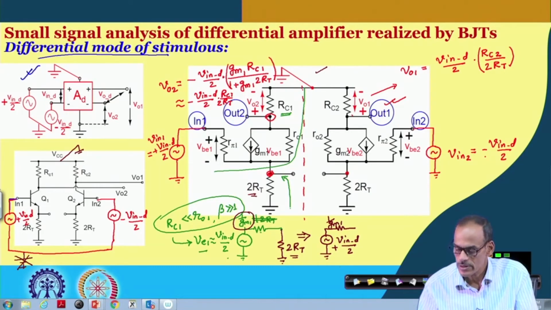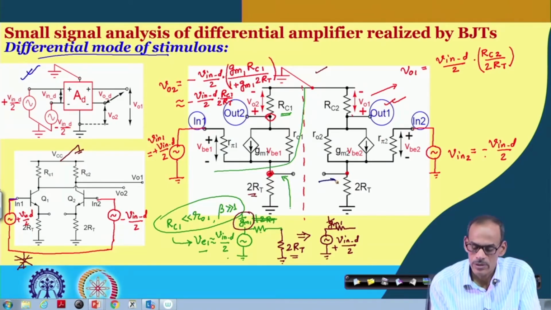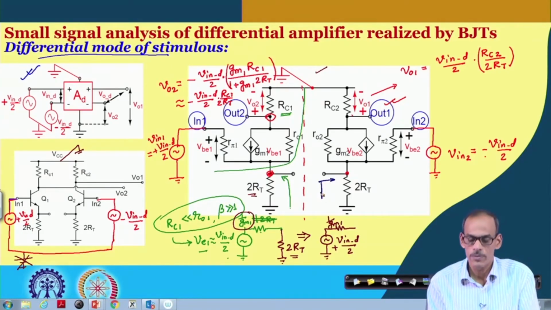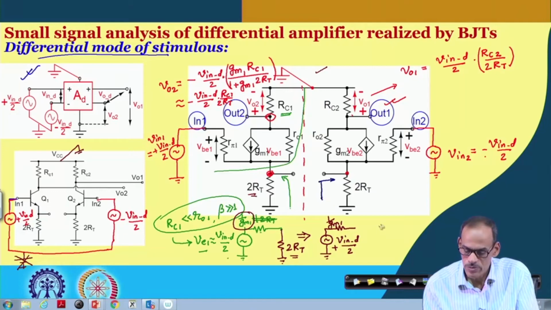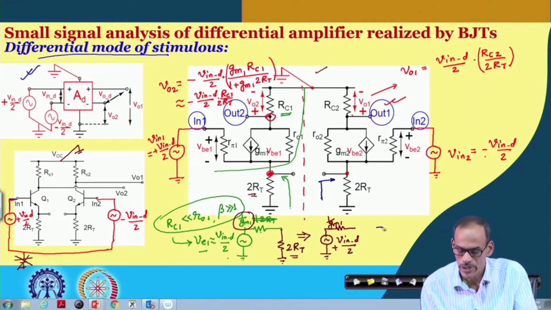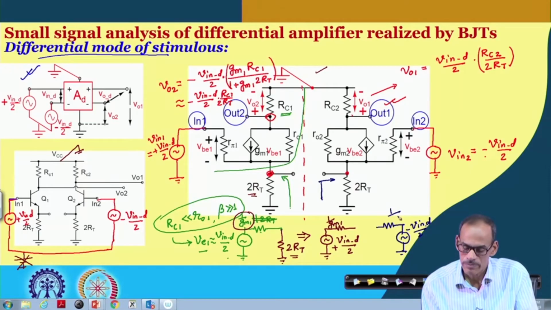Likewise, if you consider the other emitter, transistor 2, the corresponding signal source gets a signal equal to Vin_d/2 with a minus sign, and the impedance here is approximately equal to 1/gm2.